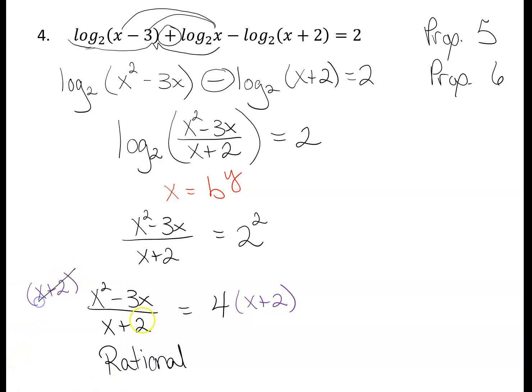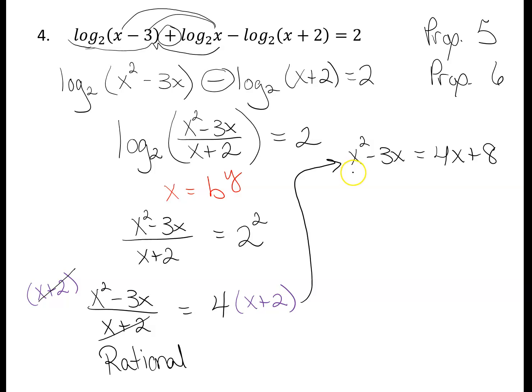So on the left, we can divide those out. And I'm going to move over here to finish up. So now I've got x squared minus 3x. And on the right, let's go ahead and distribute the 4x plus 8.